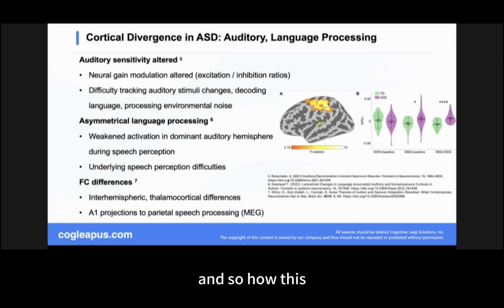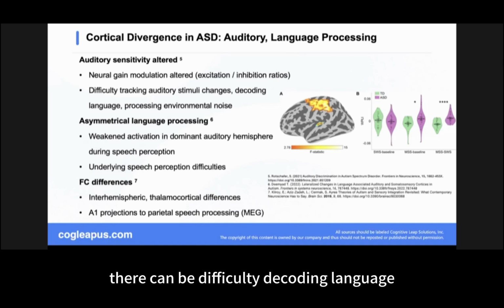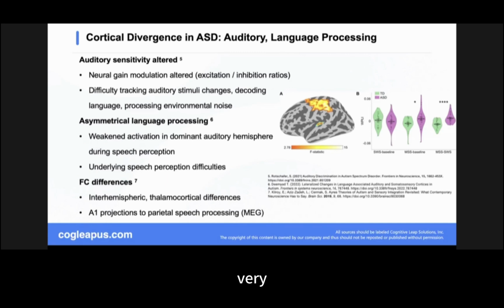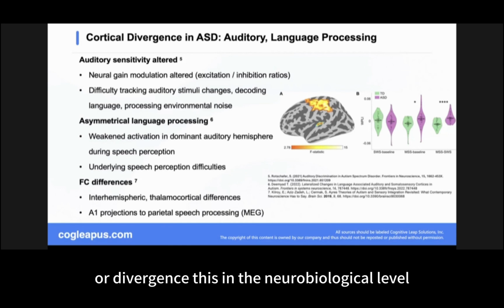And so how this comes out in behavior is that there can be difficulty decoding language and processing environmental noise. So we're really seeing here that the behavioral phenotypes that we observe so commonly can be traced down to very specific alterations or divergences at the neurobiological level.